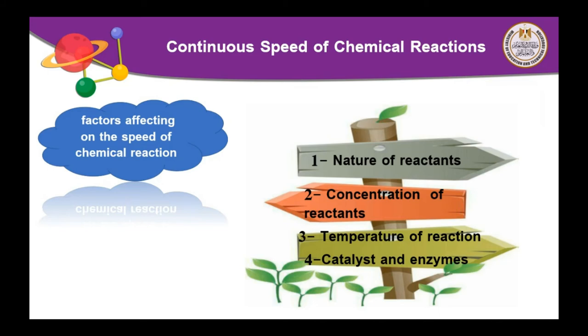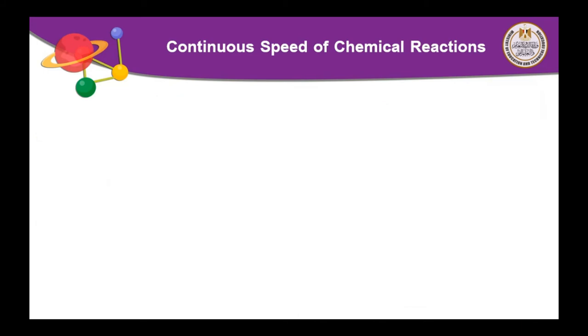In the previous part, we talked about factors affecting the speed of the chemical reaction. And we talked about the first factor, which is called nature of reactant. Nature of reactant means that reactants are different in number 1, type of bonds, and number 2, surface area.